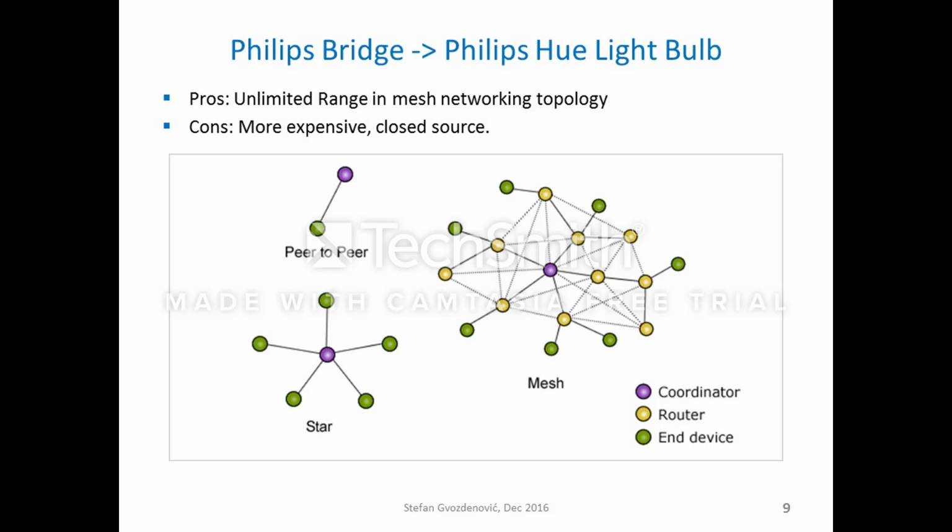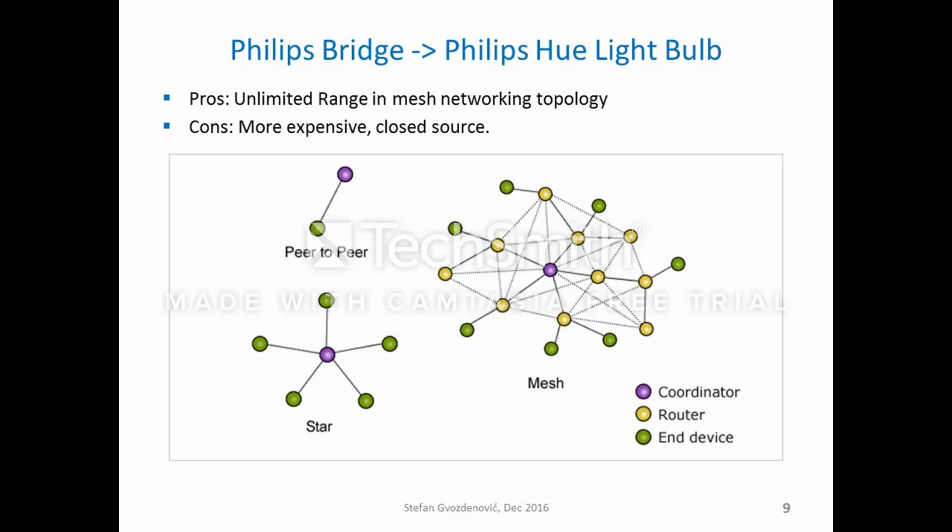End devices are usually said to be sleepy, which means that they spend most of their time in low power mode, conserving energy and being able to have a long battery life. Note that it does not make sense for light bulbs to be end devices since they have already power from the main power supply. They can be routers, they can always be on, and they can route information and be useful to the network.